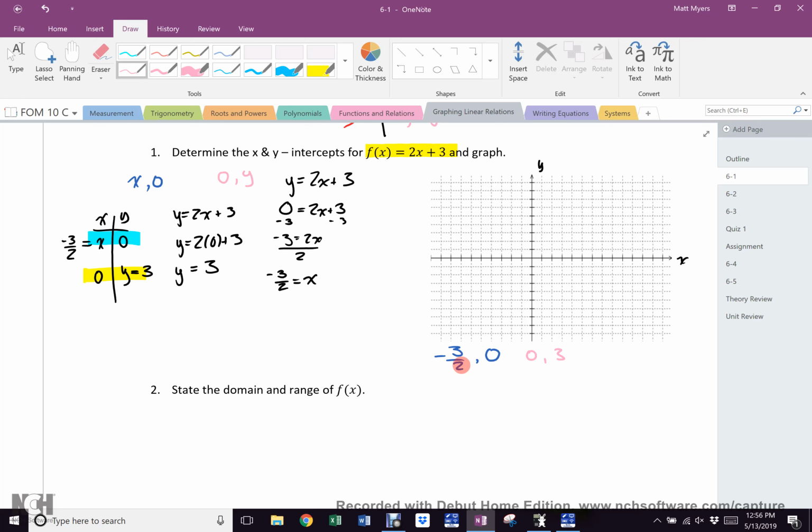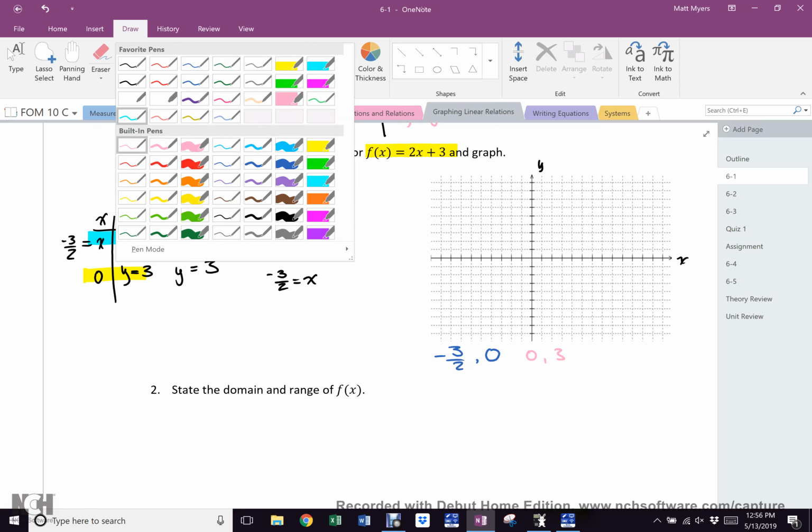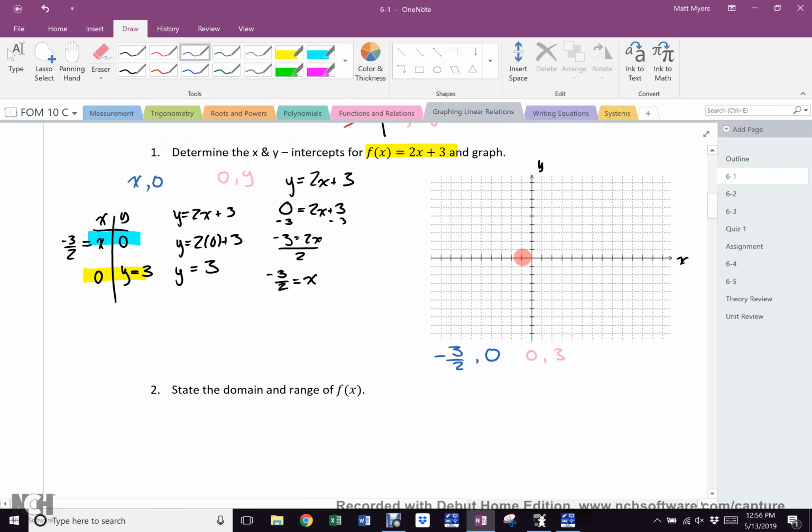Because the x's need to be fractions, yeah? So all I do is this. That isn't 1 anymore. What's that? No, that's a half. So what's that? 1. So what's that? 1.5. So there's my first dot at negative 3/2, 0, yes?